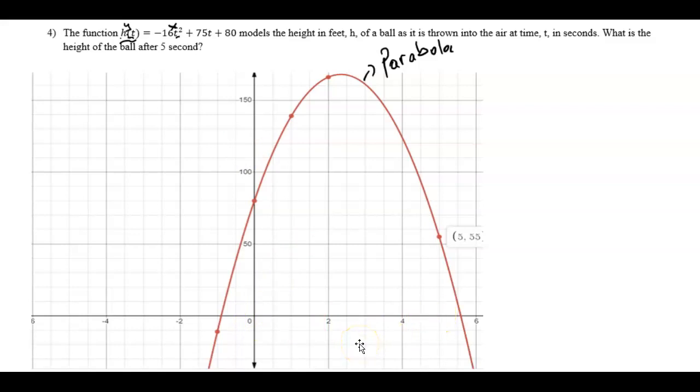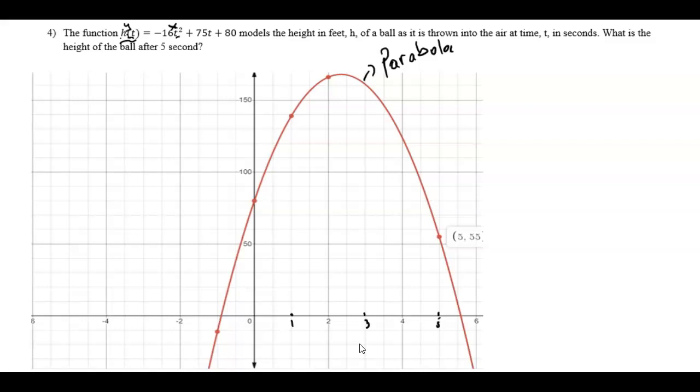Let me see if I can work this out. So that's 0. If that's 2, then that'll be 1. That's 1 second, 2 seconds, 3 seconds, 4 seconds, and that'll be 5 seconds.